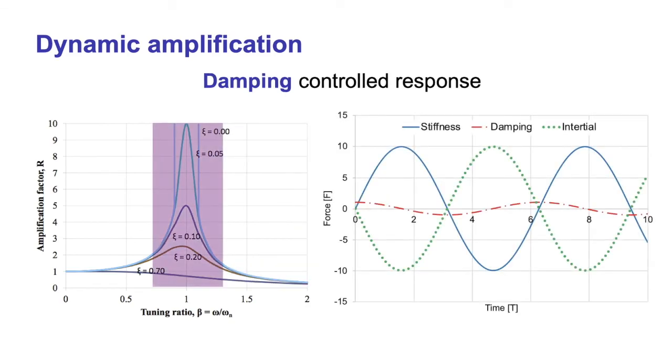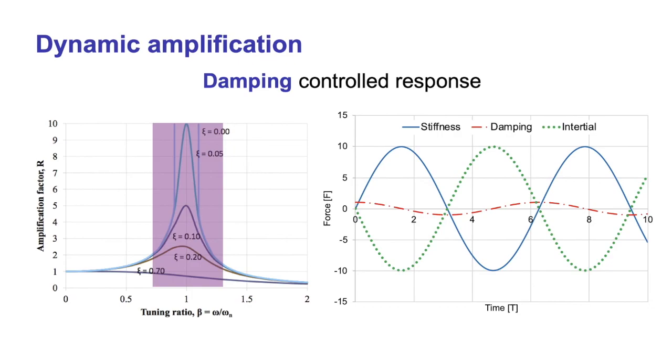Finally, when the frequency ratio is closer to 1, the harmonic force in action is acting on the structure at about the same rate at which the structure prefers to vibrate. As a result, the structure offers little resistance to the motion and very large amplification factors are observed.